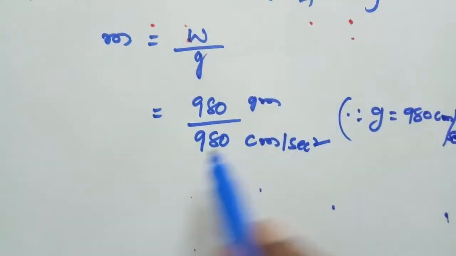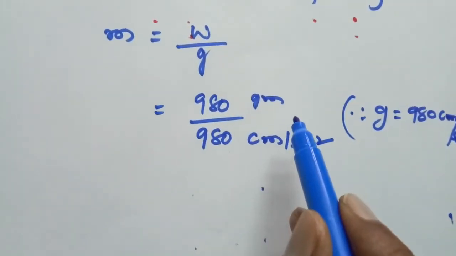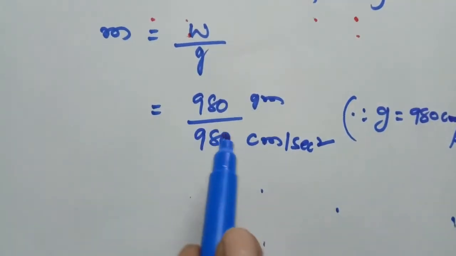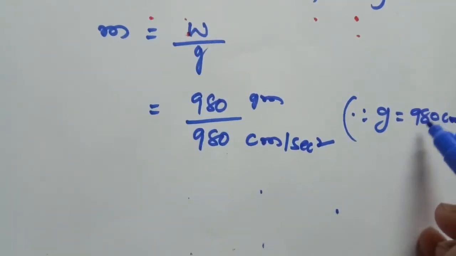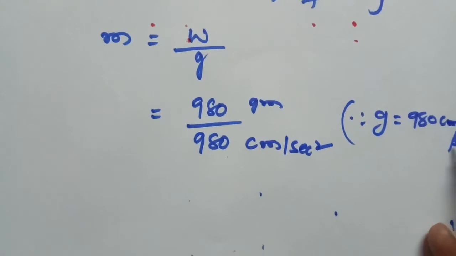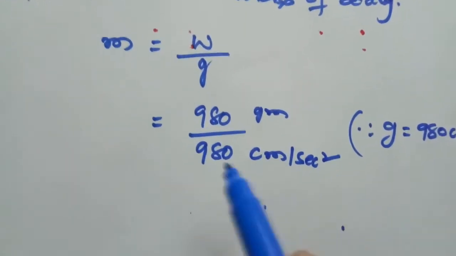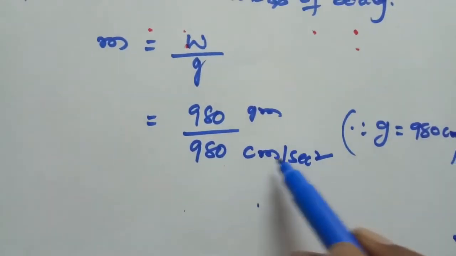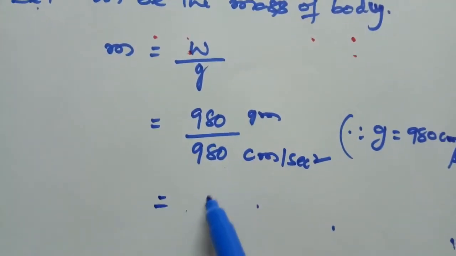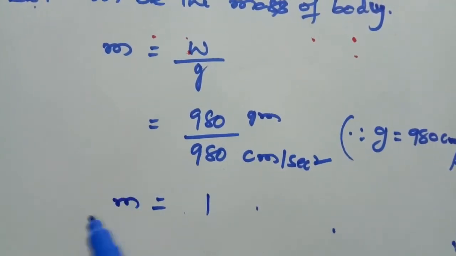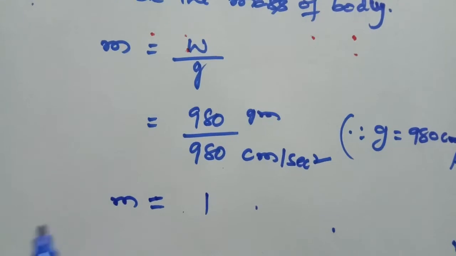In the previous problems, we took the length in meters, therefore we took 9.8 meters per second square. Here we are considering centimeters, 980 centimeters per second square. Therefore M is equal to 1.